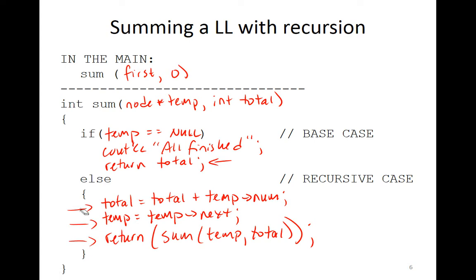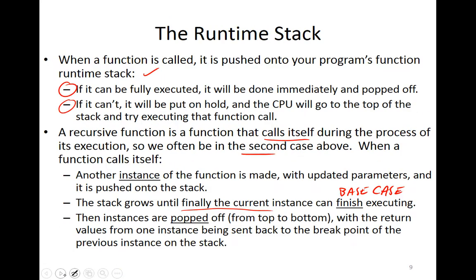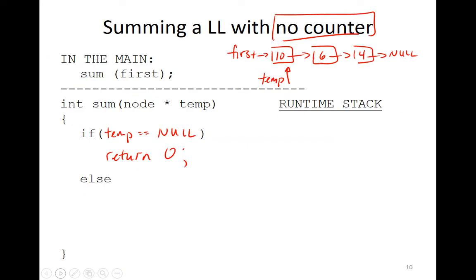But the cool kids would be a little bit slicker about this. I do want to update temp, because I do want to go to the next box so that I can move on.